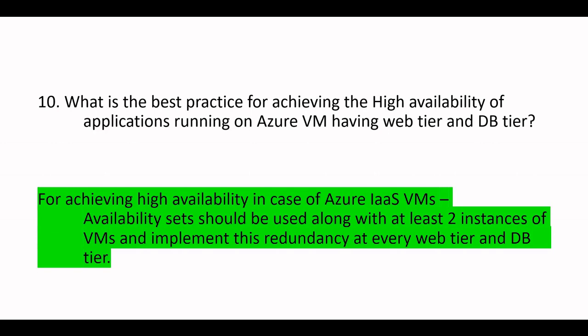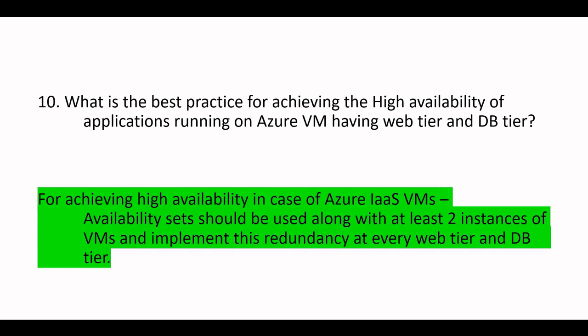What is the best practice for achieving high availability of an application running on Azure VMs having a web tier and DB tier? Here, there is one set which is hosting web applications and one set which is hosting your databases. So what you can do is have web tier 1 and web tier 2.